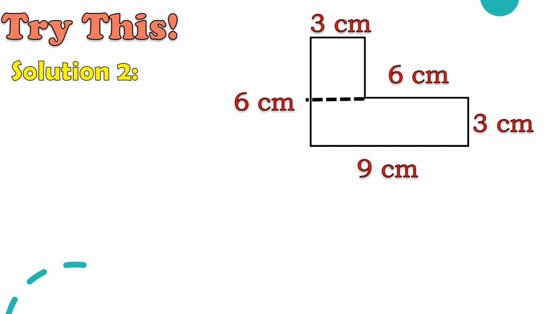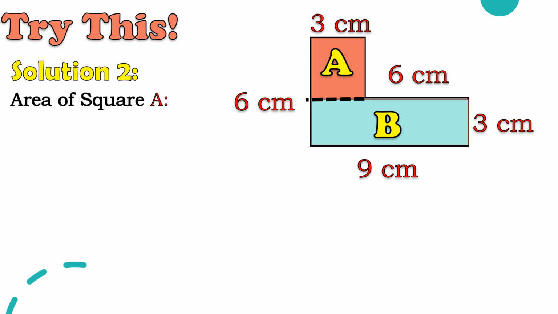And ang nasa itaas ang gagawin nating rectangle A at sa baba ulit ay ang rectangle B. So, kung inyong mapapansin, nag-iba yung measurement or lumiit yung A at yung B ay lumaki. So, hahanapin na natin ang area ng rectangle A at ng rectangle B. So, same thing na ginawa natin sa solution 1.